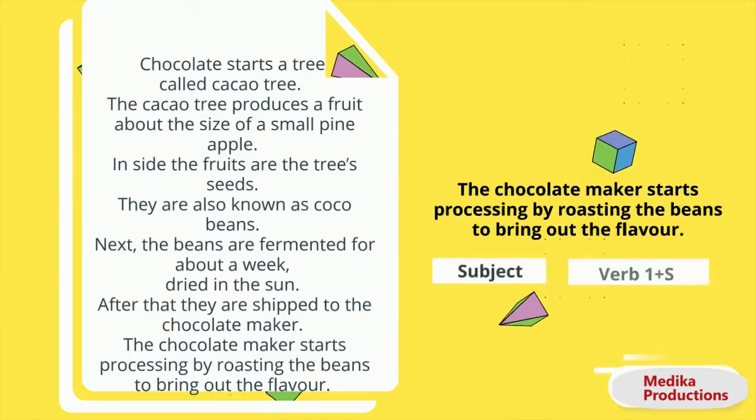We know that simple present tense is about the subject plus verb plus s or es. The chocolate maker is the subject, and start plus s is the verb. And we can see that it shows the simple present tense in the explanation text.